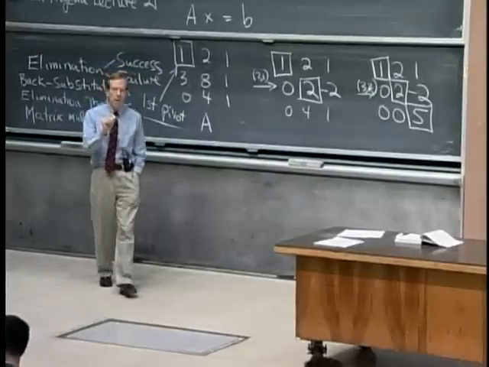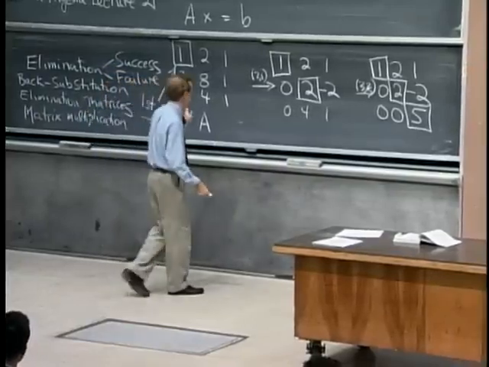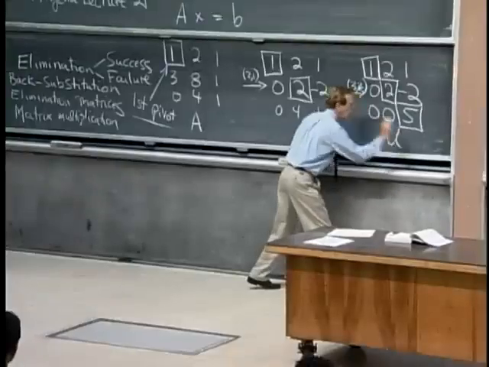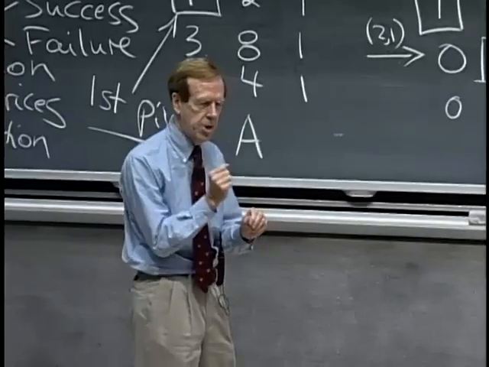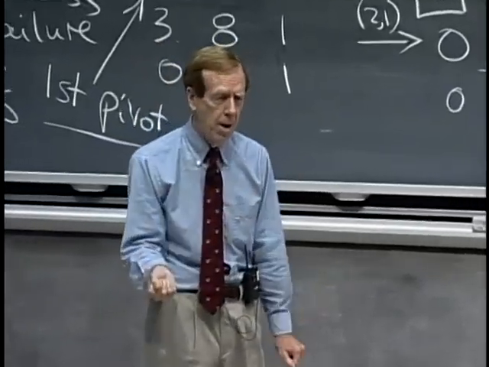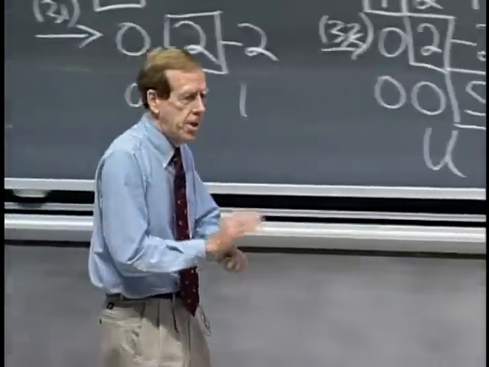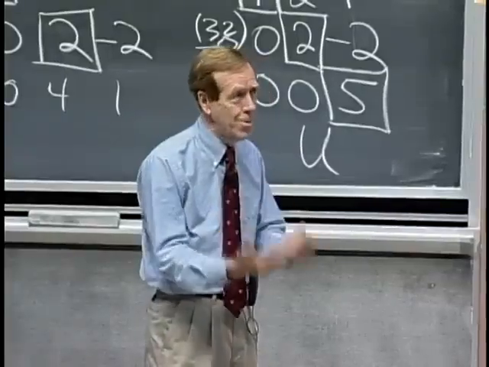I know right away a lot about this matrix. This elimination step from A, this matrix I'm going to call U. U for upper triangular. So the whole purpose of elimination was to get from A to U. And literally that's the most common calculation in scientific computing. And people think of, how could I do that faster?